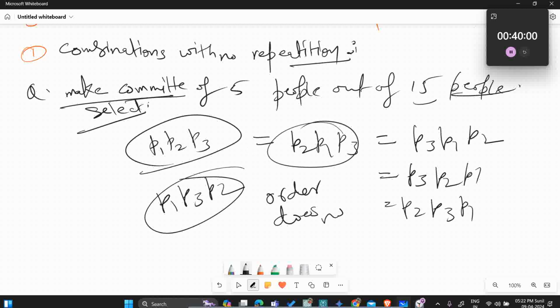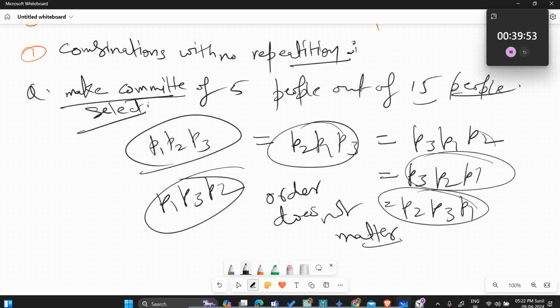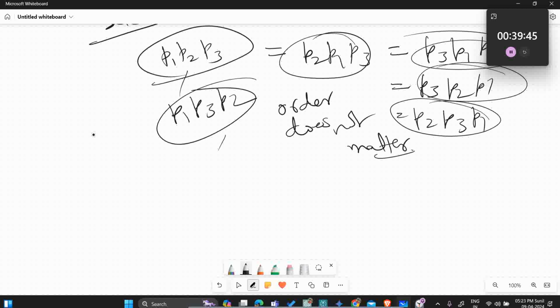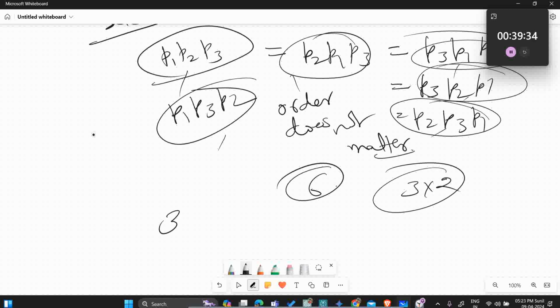These are all the same people. This is only one way of selecting them. So here there are 6 arrangements, 3 into 2, which means 3 factorial always.